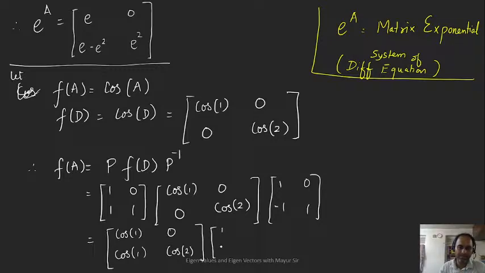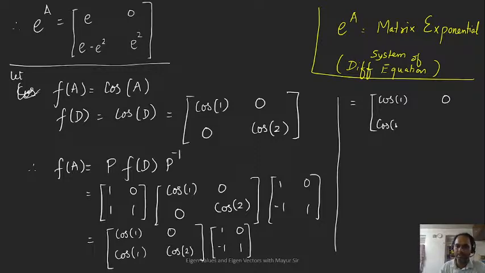The matrix remains as it is, [1 -1; 0 1], and finally we have [cos 1, cos 1 minus cos 2; 0, cos 2].